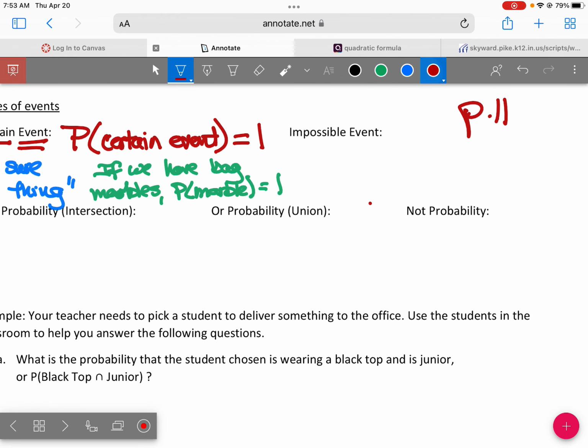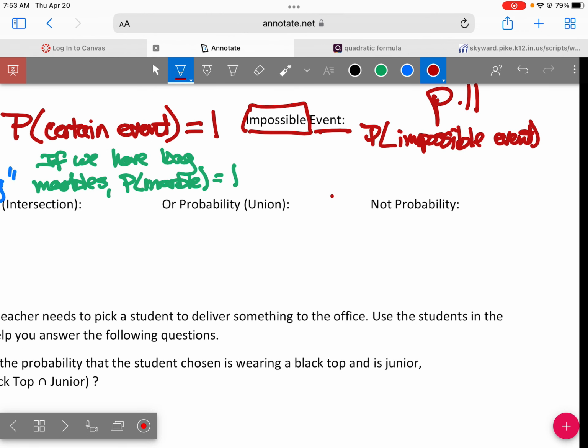Now, on the other side, we have an impossible event. So the probability of an impossible event, what do you think it's going to be? What's the probability of an impossible event? 0. Yeah, it's going to be 0. It is not possible at all.